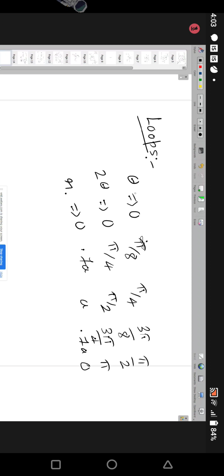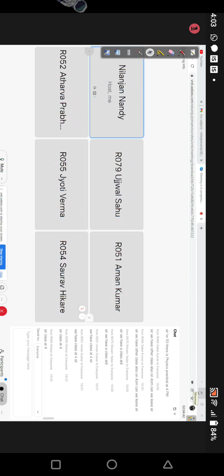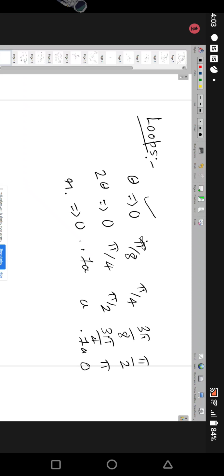So you are starting from the point 0, and when you reach the point pi by 2, you can see very carefully you are returning to 0. The loop is clear. You have to check for which values I am starting with 0, and at the point pi by 2 we are having the value of r again 0. So within the range 0 to pi by 2 we are having the loop.